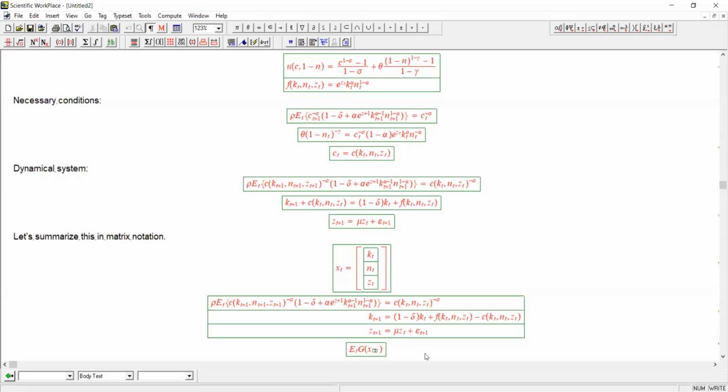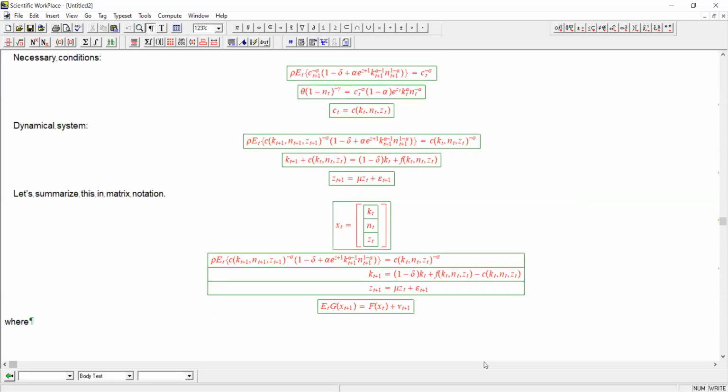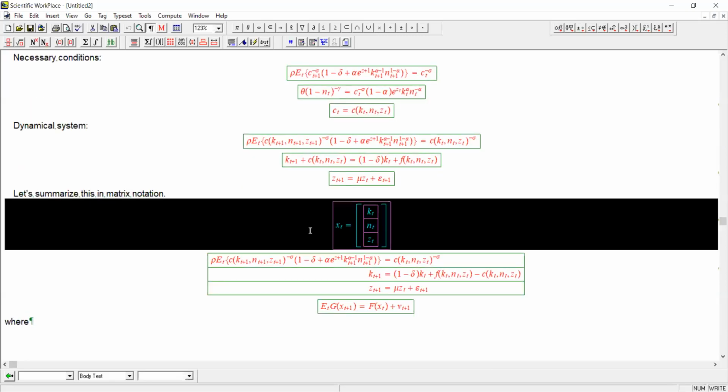Of course, g is a function of x_t plus 1. Similarly, we can stack these 3 things, leaving out the epsilon. Finally, we want the random component here, v_t plus 1, which is simply the following.